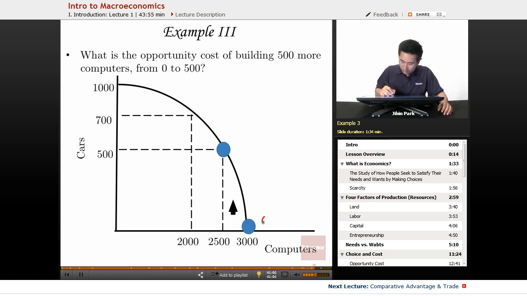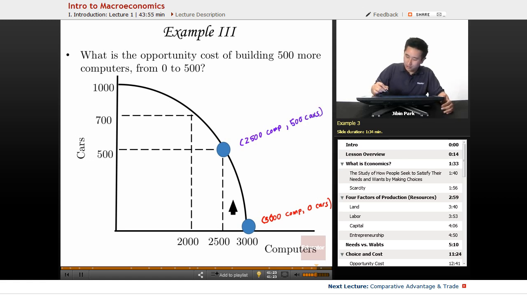Okay, so again, same situation here. So you have 3,000 computers and 0 cars. Now, how do you look at opportunity cost when you're moving upward right here? So again, this point right here is still going to be 2,500 computers, but now it's 500 cars.